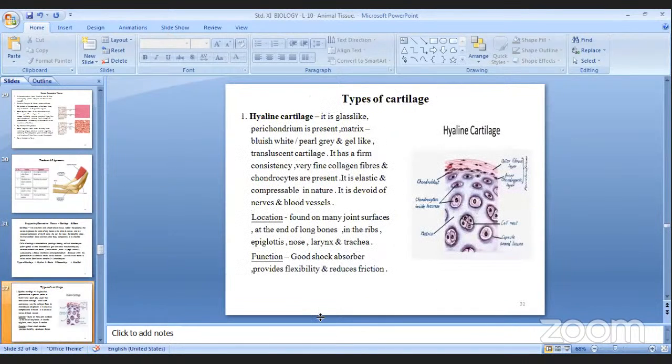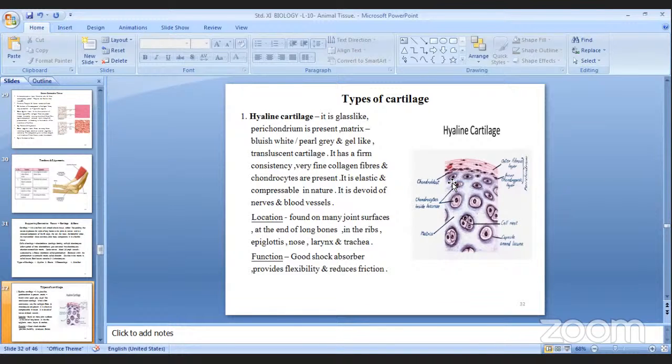Now see here. This is the perichondrium. This pink, you can see, is the perichondrium, the outer layer and the inner layer. These are the lacunae. Inside these lacunae are present the cells known as chondrocytes. You can see these chondrocytes.